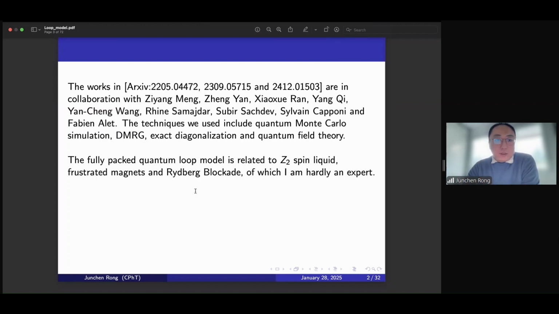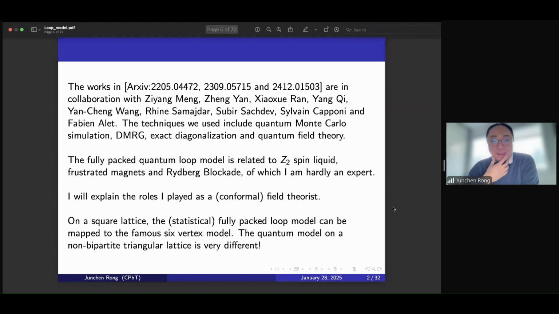It's related to the recent experiment of Rydberg blockade, which is a new experimental stage that people use to play with this kind of models. Unfortunately, I'm not an expert on all these topics. I will just explain the role I played as a field theorist, a conformal field theorist, more precisely.